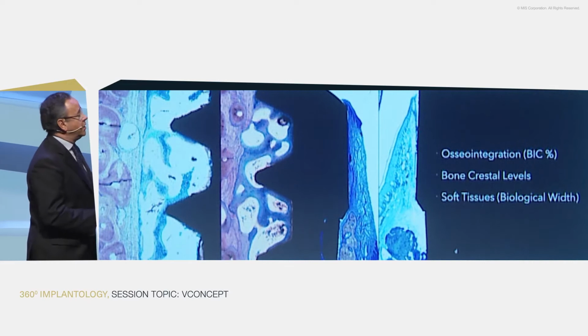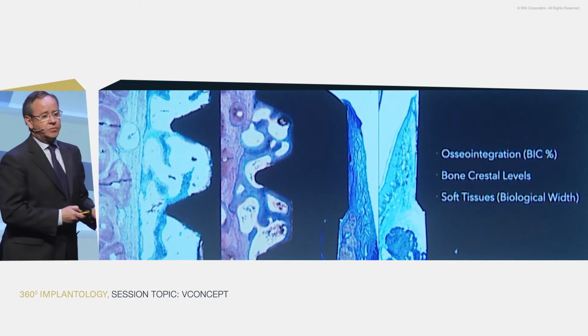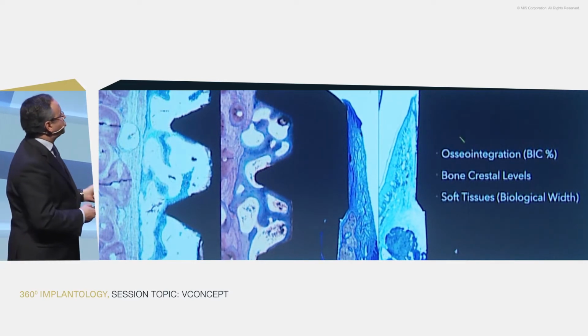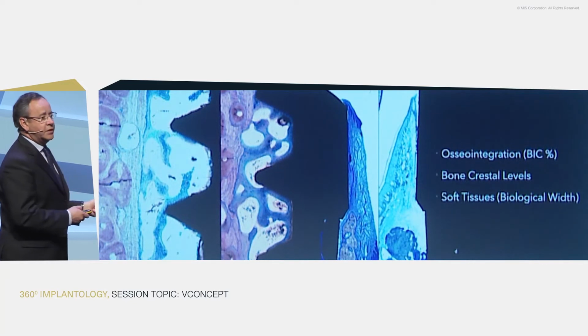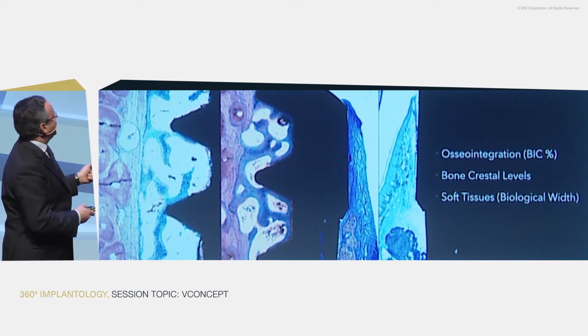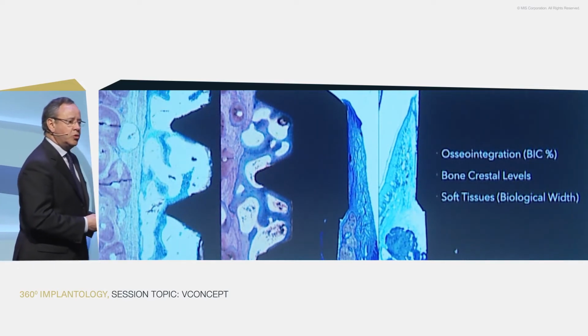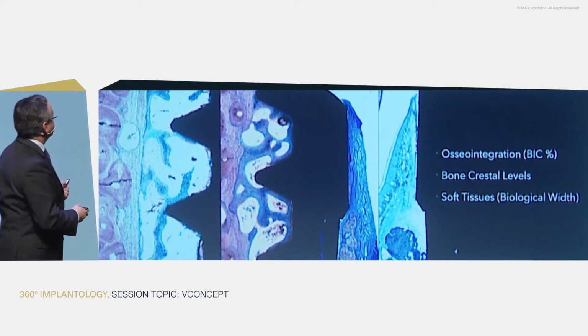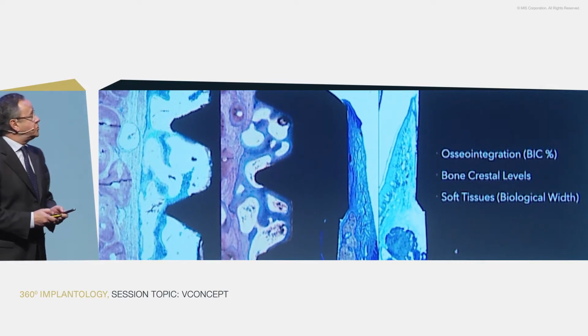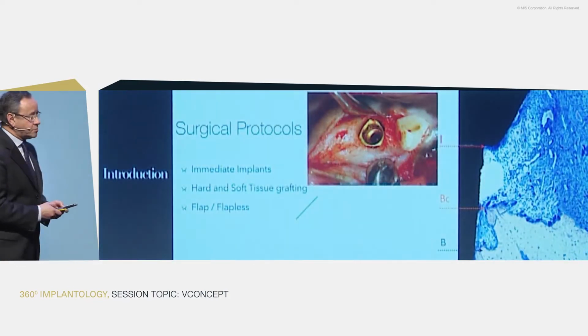And clearly, the soft tissues, both in terms of the height, that is the combination of the epithelium and the connective tissue up to the first implant to bone contact, and of course, the thickness of the soft tissues.